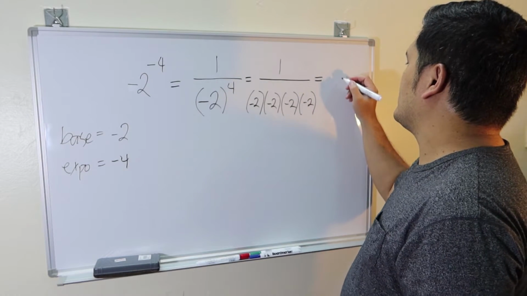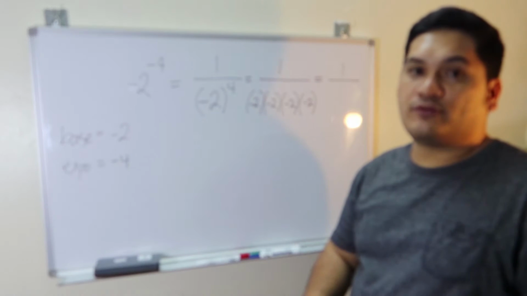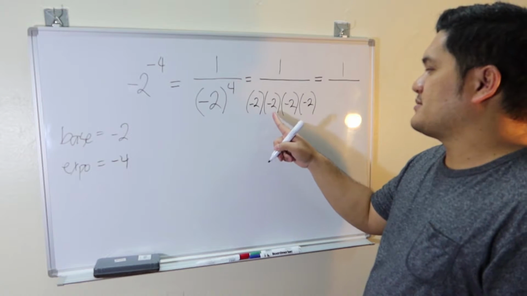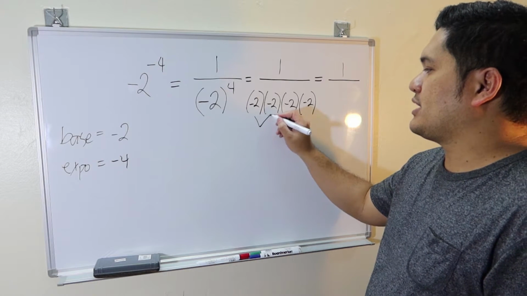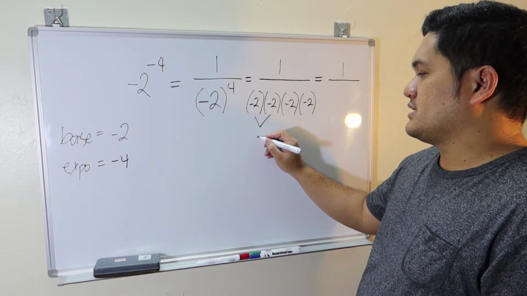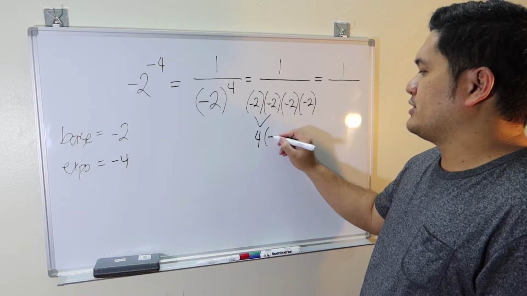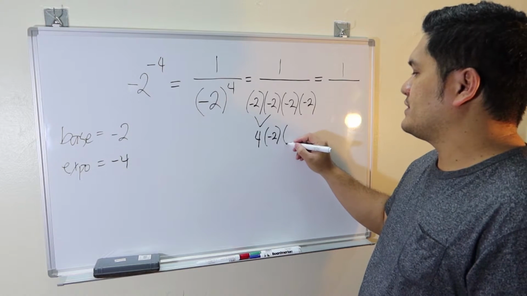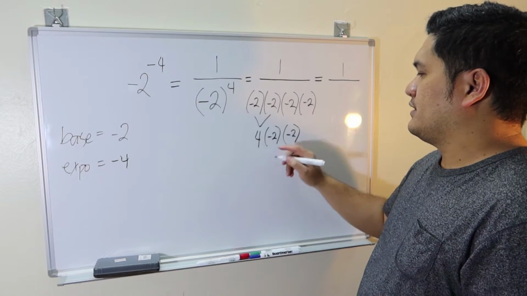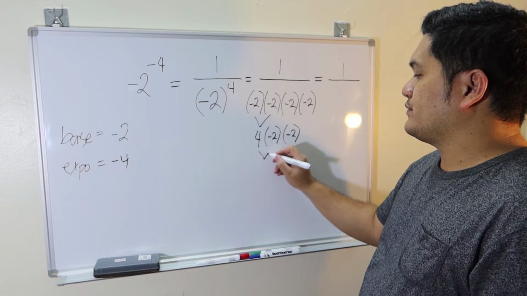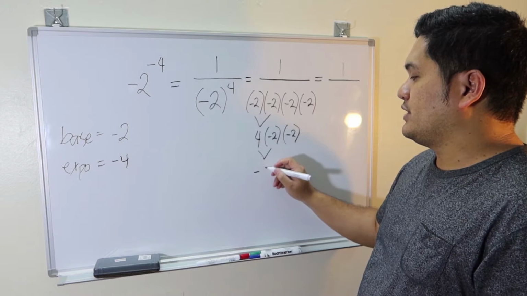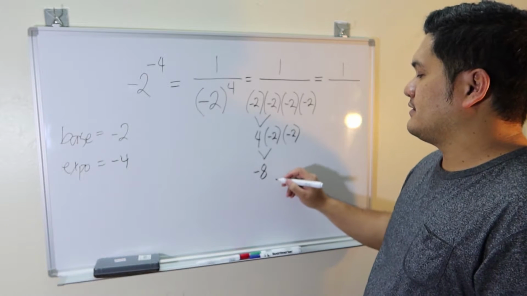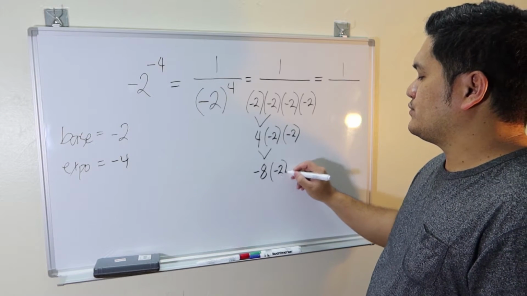What is your answer here? 1 over negative times negative, positive. Negative 2 times negative 2 is 4. Multiplied by negative 2, negative 4 times negative 2, negative 8 times negative 2.